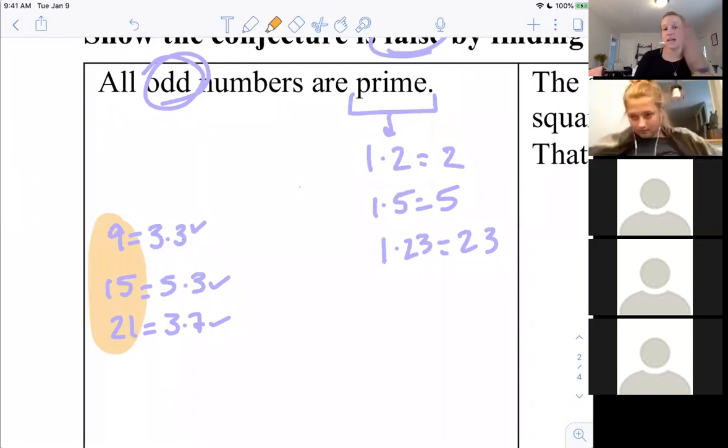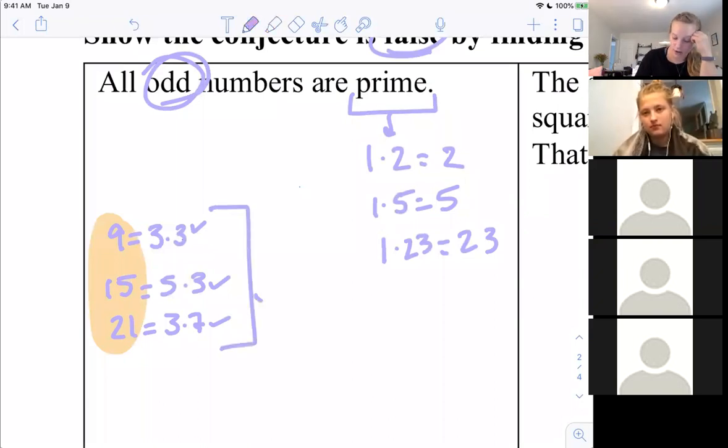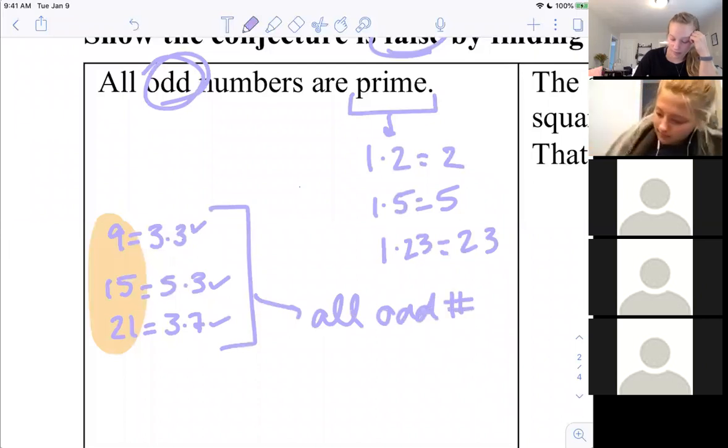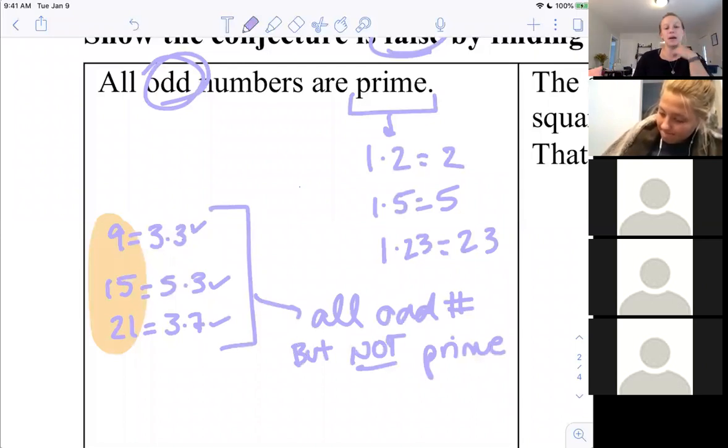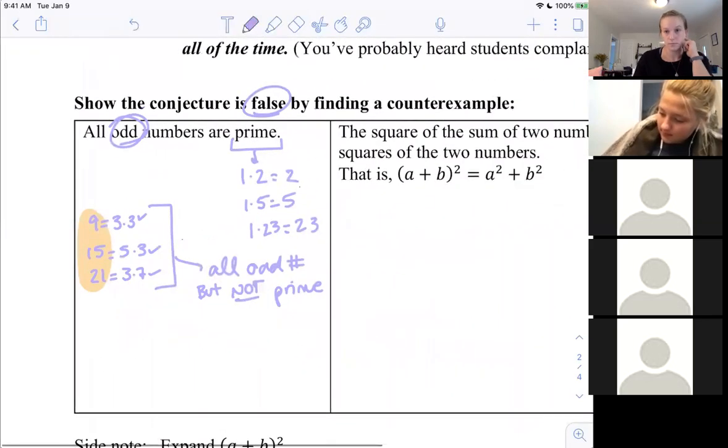I don't need to list every single odd number that's not prime. I just need to show one is not prime, and that makes it a counterexample. That makes this false. All of these are odd numbers, but not prime. So any odd number that you picked that's not prime works as a counterexample. Okay?